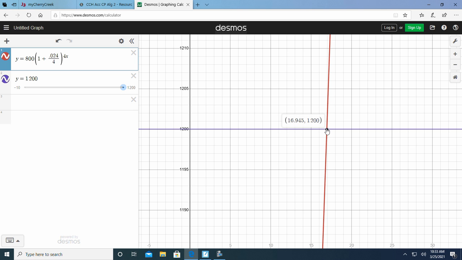So it looks like in this particular account at 16.945 years, I would have $1,200 in my account. So almost 17 years, I would get up to $1,200. Okay?